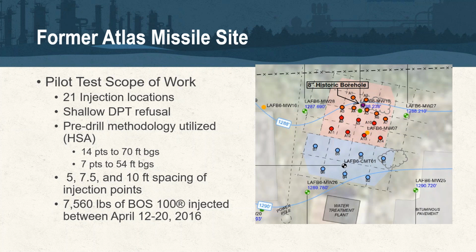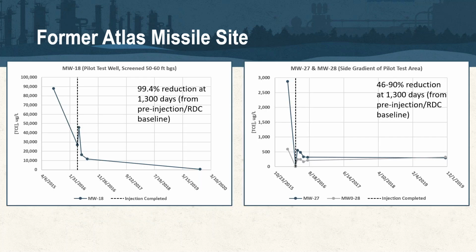We had 14 of these injection points advanced to 70 feet BGS and 7 to 54, and we ended up using different spacings out on the site, mainly based on the concentrations that were observed during the RDC. About 7,500 pounds of BOSS 100 was applied back in 2016. And so for this project, here's the data that we have to date.